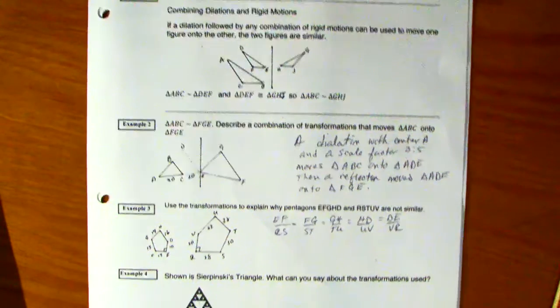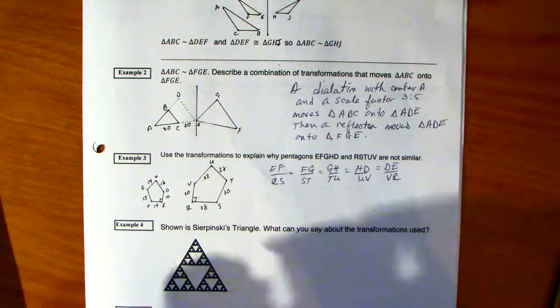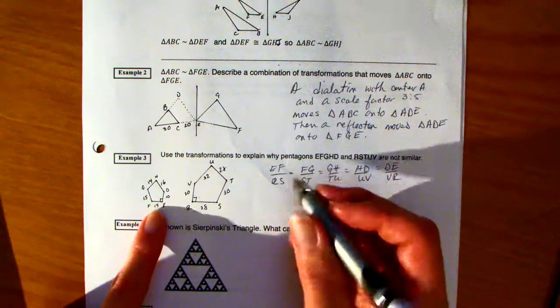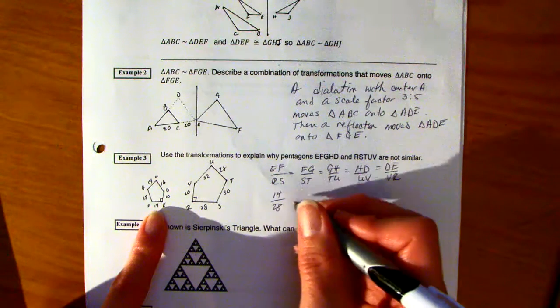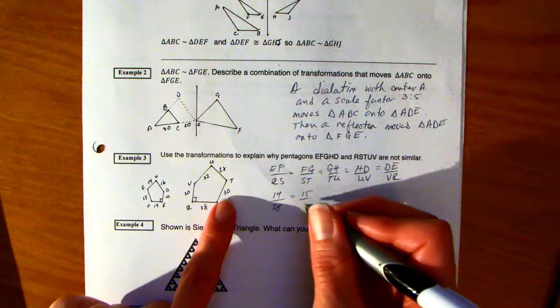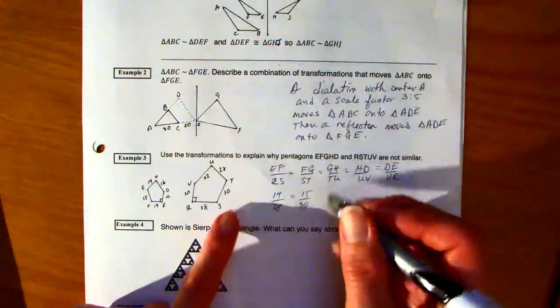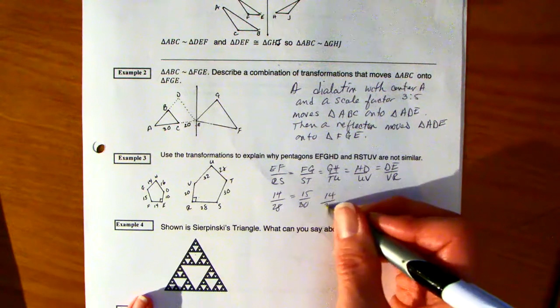So I hope you understand where this is going. Now we've got to find all the ratios of the sides, reduce them to see if they're going to equal the same thing. So EF is 14, RS is 28, FG is 15, ST is 30, then I have 14 over 28.